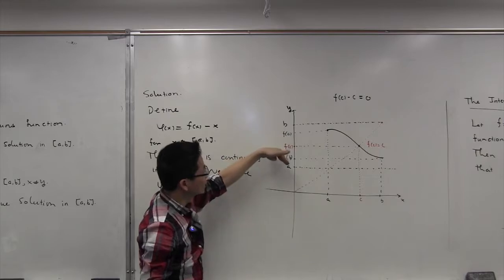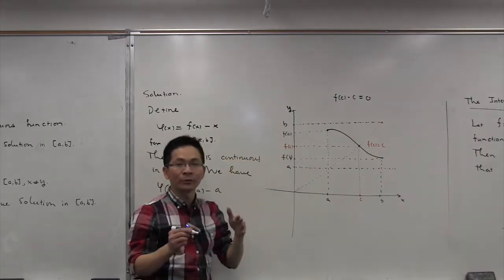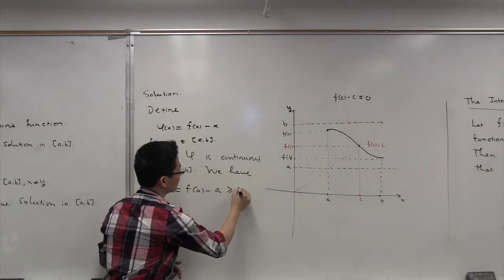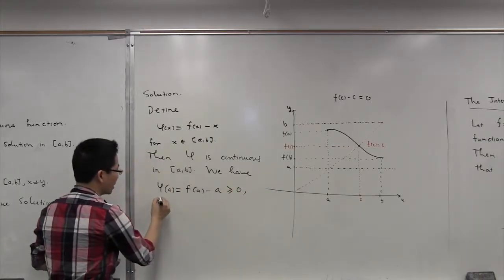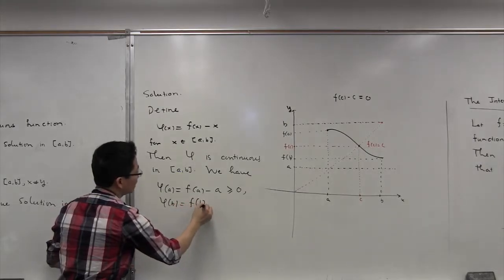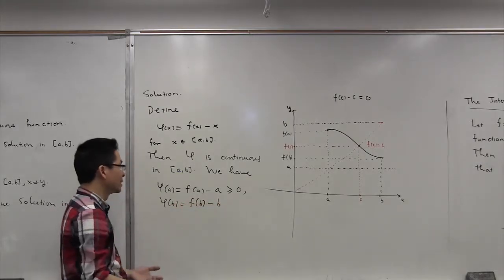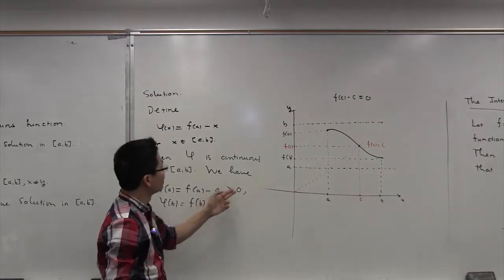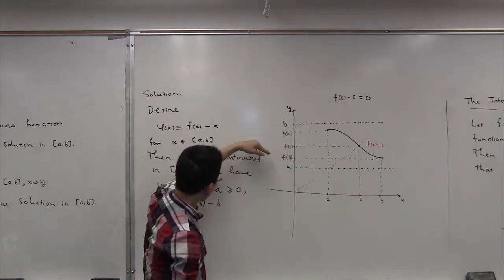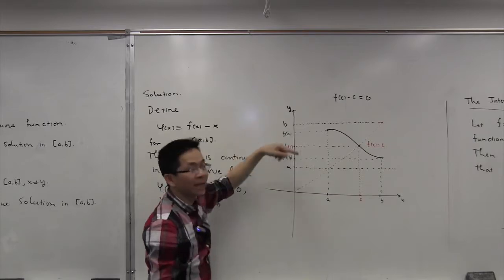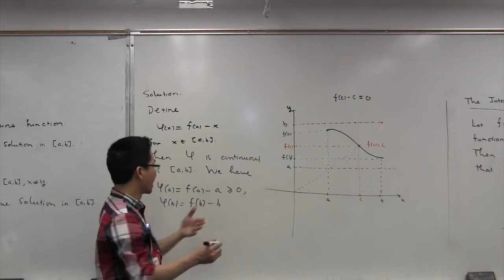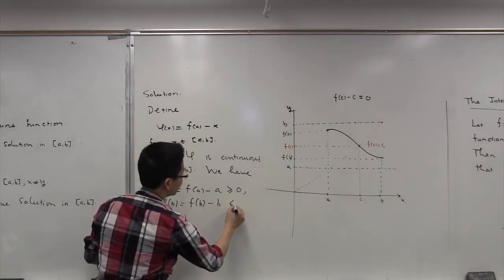So f of A is always greater than or equal to A. So this is greater than or equal to 0. And at the same time, phi of B is equal to f of B minus B. And because f of B is also in the interval AB, we can see that f of B is always less than or equal to B. So f of B minus B is less than or equal to 0.